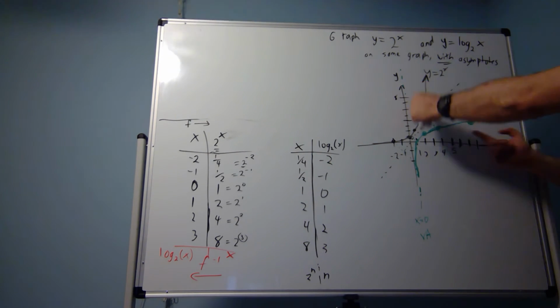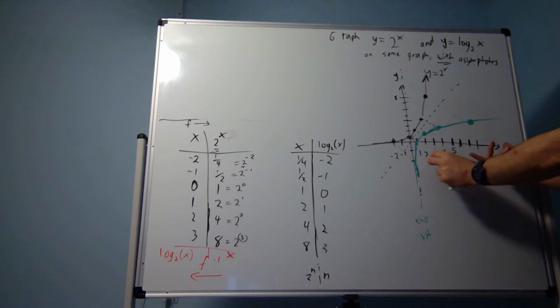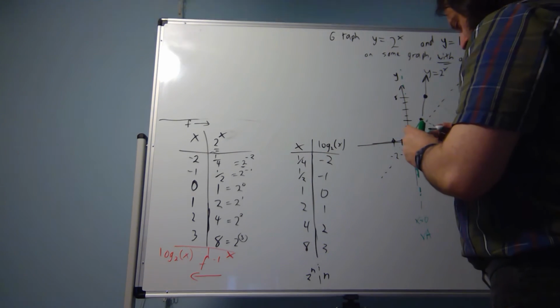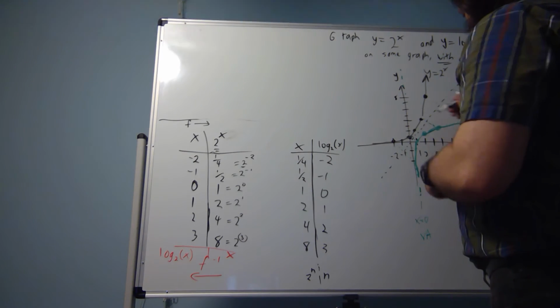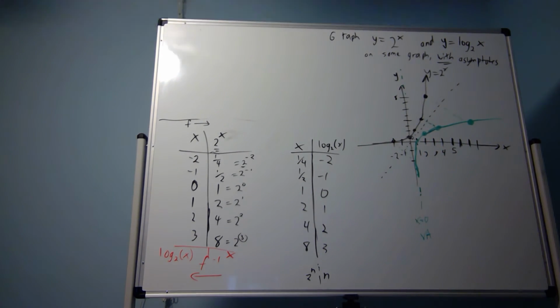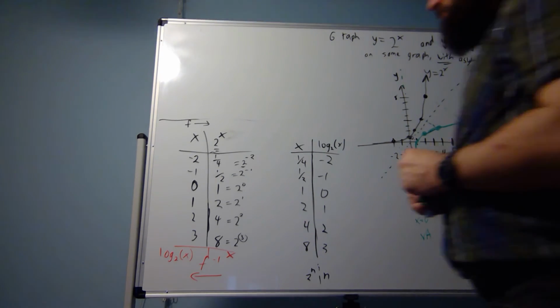There's the correspondence, there's the line of symmetry. You can see how it got a little bit warped, like I was saying, because I wasn't super duper careful with the scale, but it was close enough. You should kind of get the idea here, and it's basically what we're looking for.